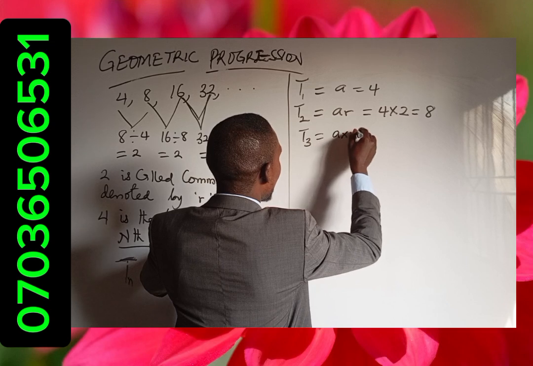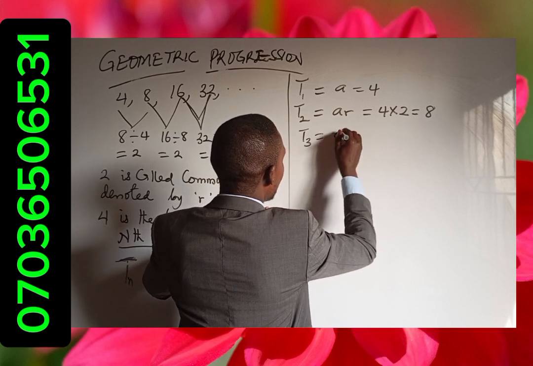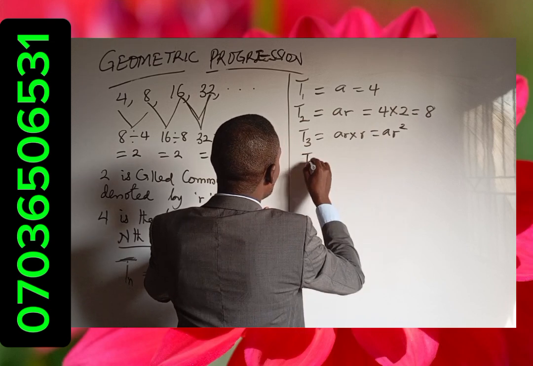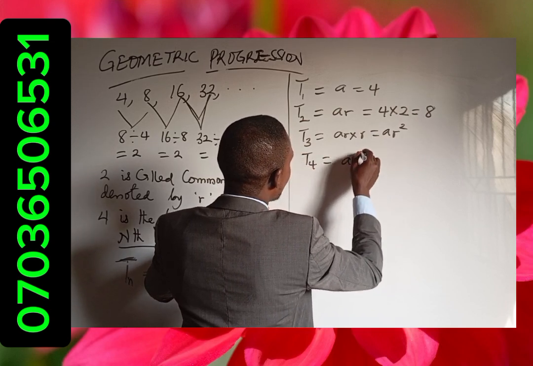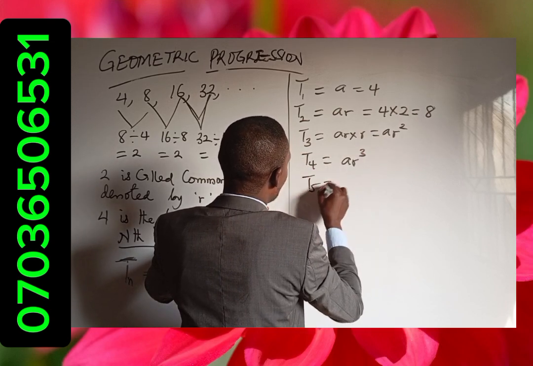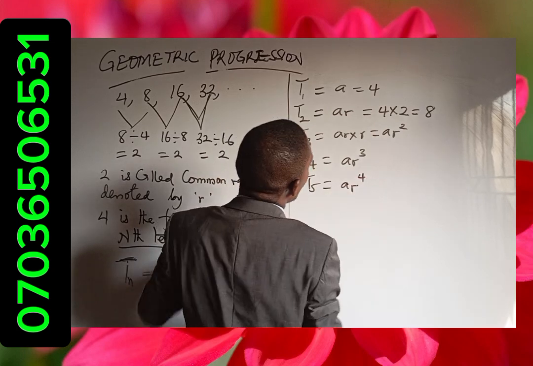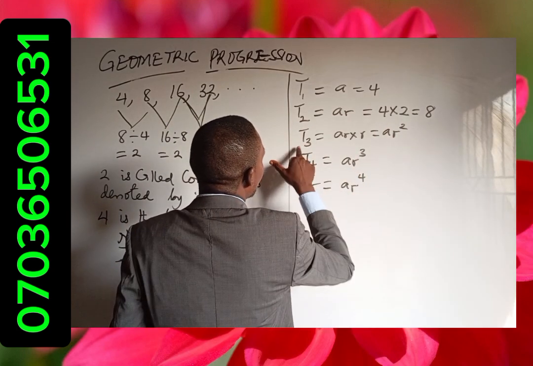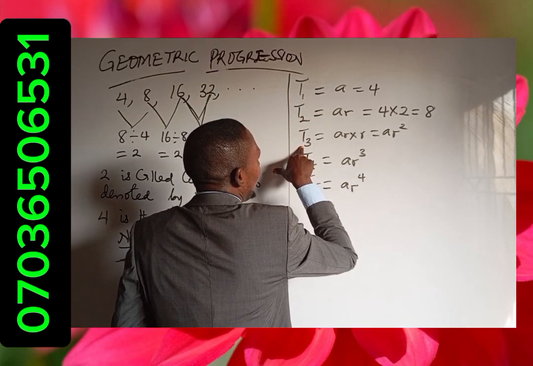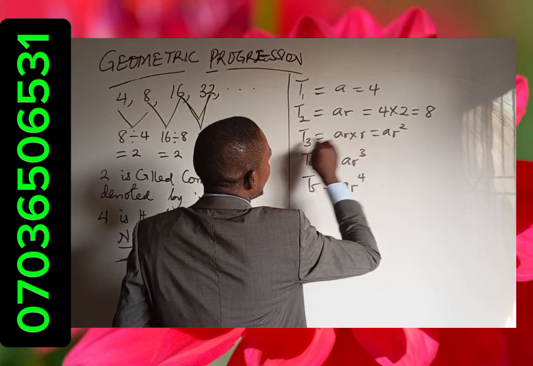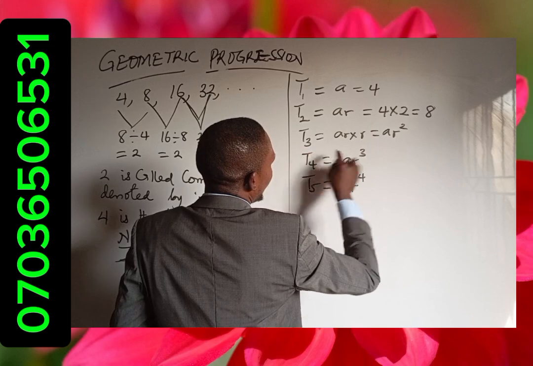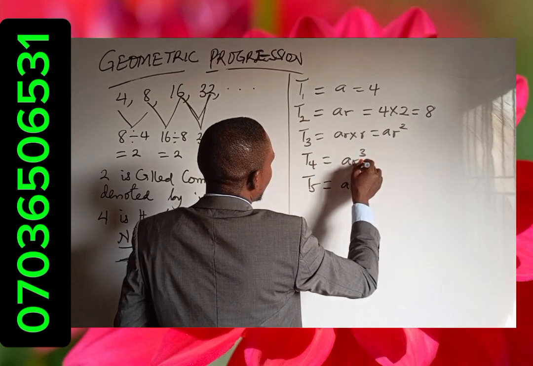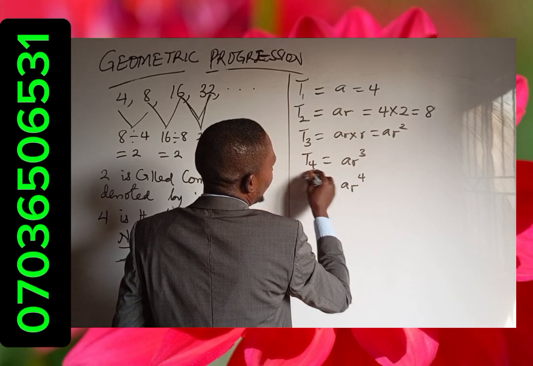So if you have T3, this will be A times R times R. That is AR times R, which is AR squared. T4 is AR raised to power 3. T5 is AR raised to power 4. Look at this now. The power of R is 1 less than the term number.